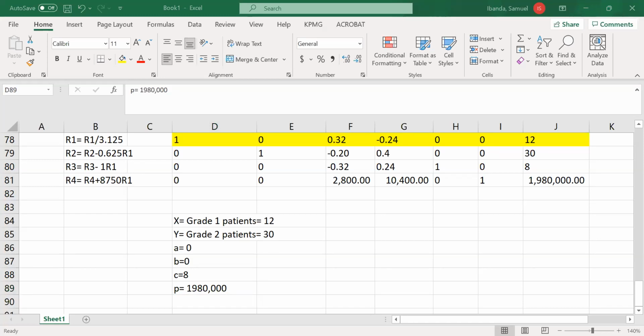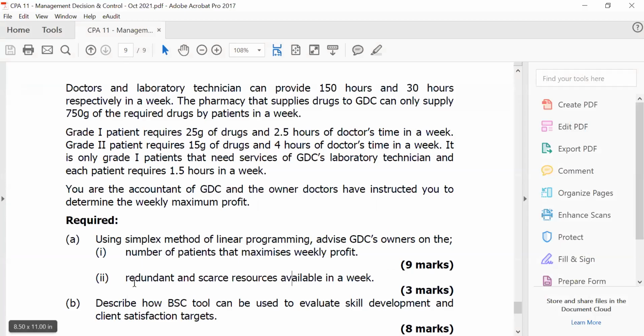Now, the examiner also went ahead to ask you the redundant and scarce resources available in the week.